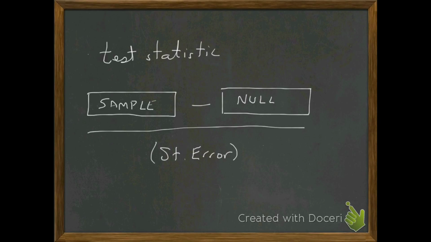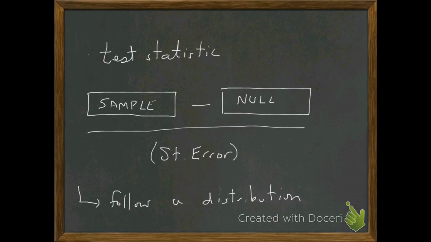And again, our test statistics follow some distribution. So far in this class, we've talked about the normal distribution, z distribution, the t distribution, the chi-square distribution, and the f distribution. So we've got to come up with what distribution our test statistic follows in these variety of situations.